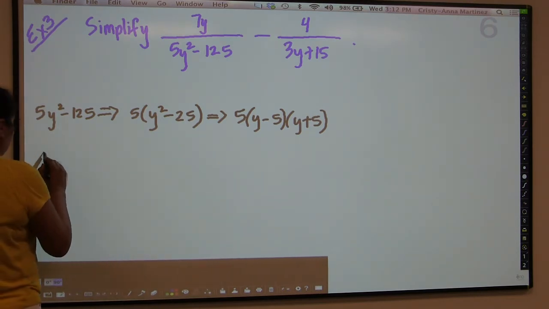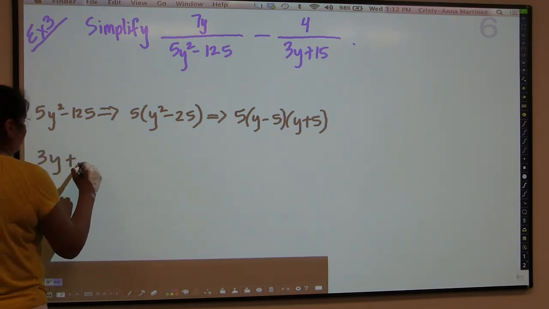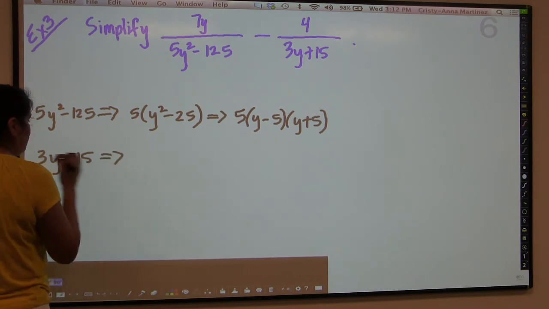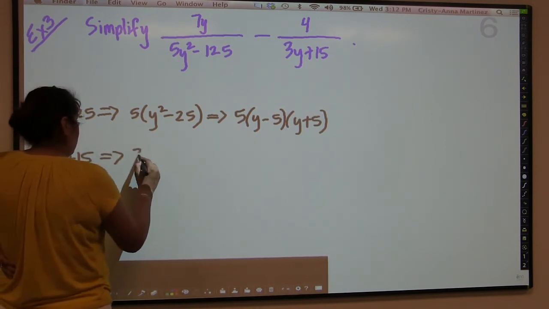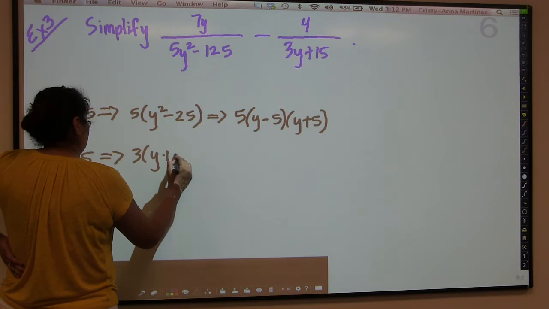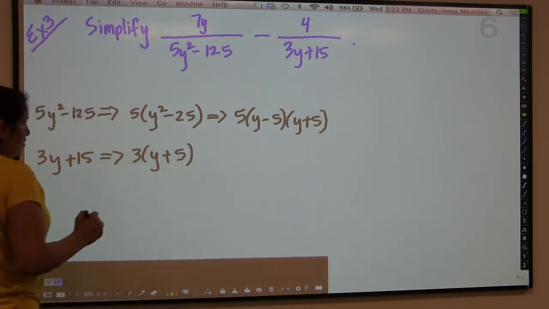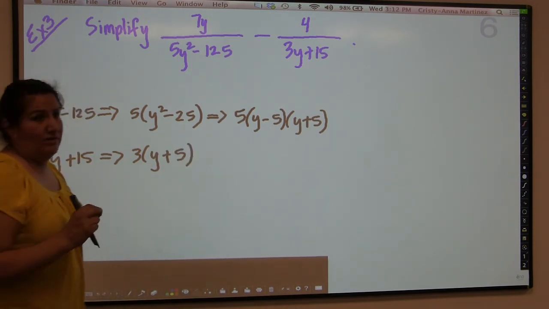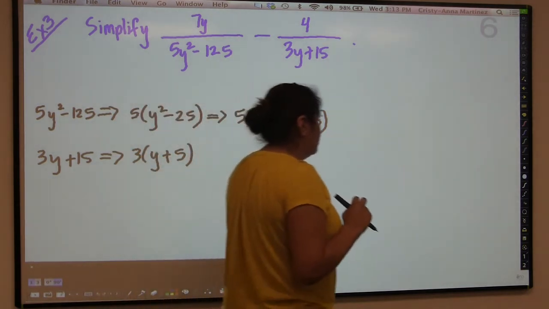The second denominator is 3y plus 15. And they both have a 3 in common, so the 3 will come out, and you will get y plus 5. All right, so you can see that it's actually pretty important that you have really good factoring skills.